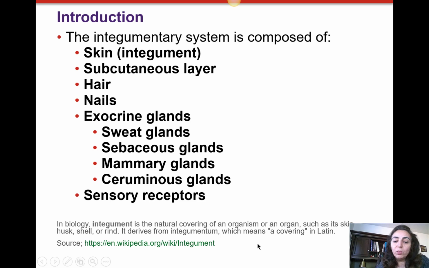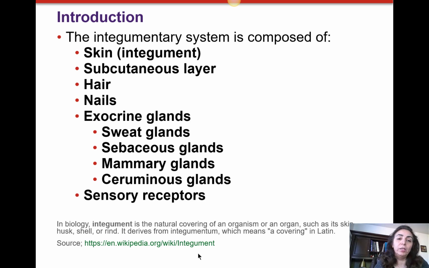It derives from the Latin integumentum, which means a covering, and that's the source of that word. I wanted to emphasize this because there is confusion between the meaning of integument and the parts that are included in different sources.